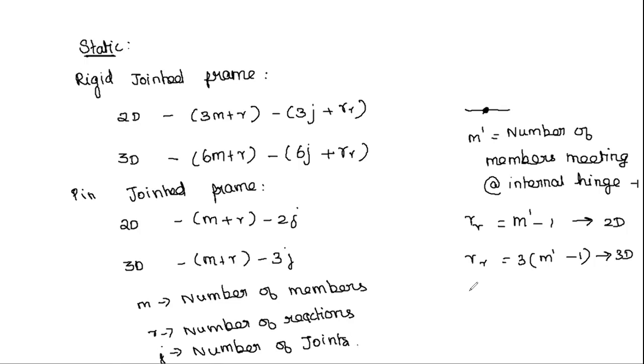So this is for frames. Now we have to see for beams. For beams, the degree of static indeterminacy is, very simple, unknown reactions minus available equilibrium equations.